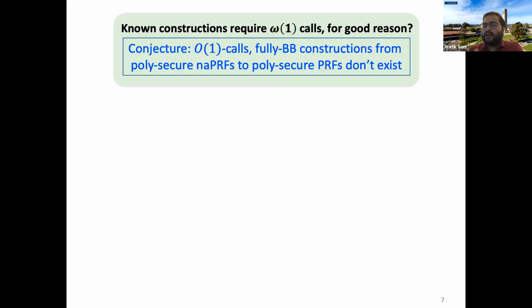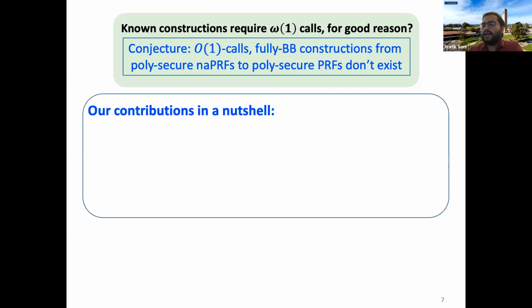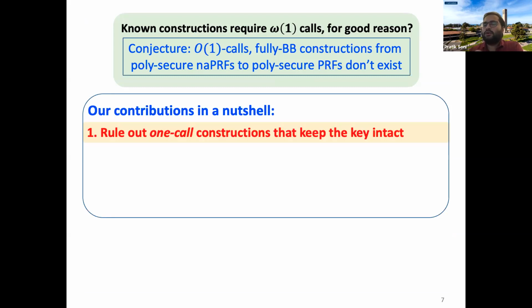So in summary, known constructions of PRFs from non-adaptive PRFs make super constant calls, and these have been seemingly hard to improve upon. We believe this to be inherent and take the first steps towards resolving this conjecture. First, we show a large class of one-call constructions do not suffice for this goal.